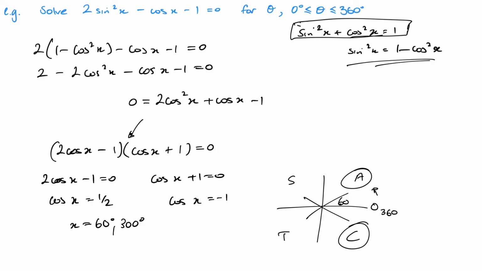And then for the second one, where cos x equals negative 1, this only happens in one place between 0 and 360, and it happens at 180 degrees. So my answers are x equals 60 degrees, 180 degrees, and 300 degrees.